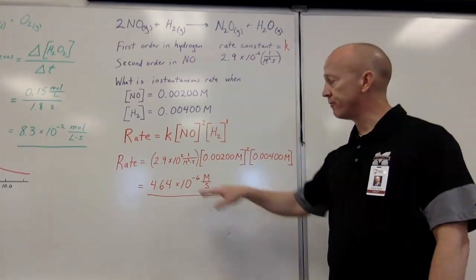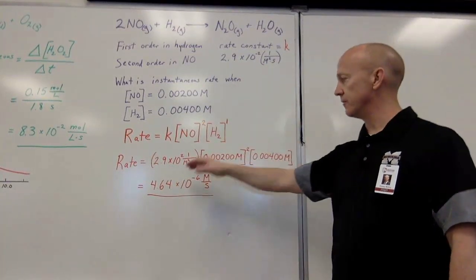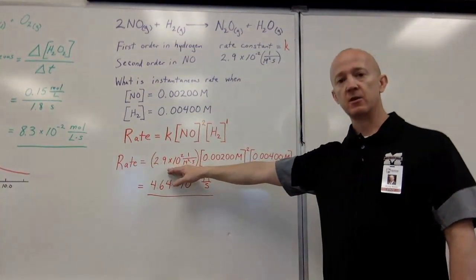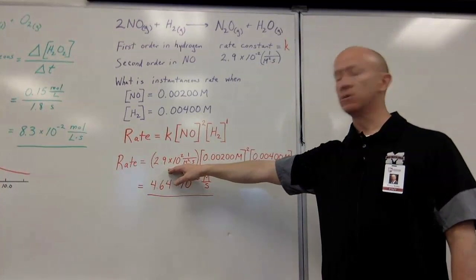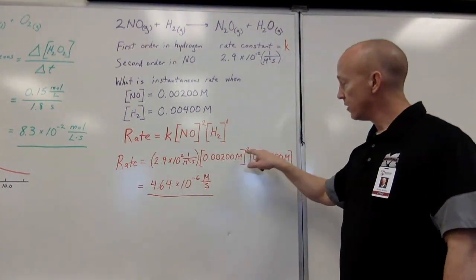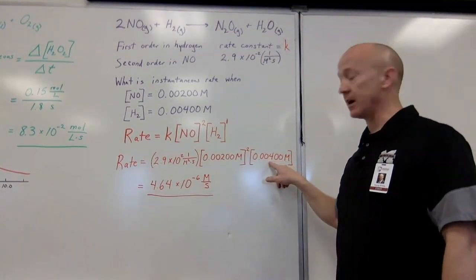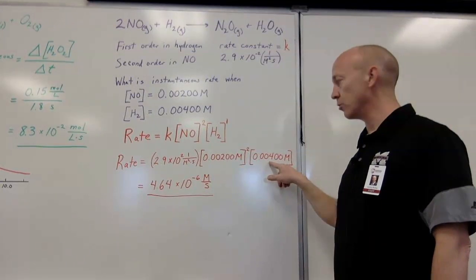Okay, so now I've filled in my numbers that were given to me in the problem. My rate constant of 2.9 times 10 to the second, 1 over molar squared seconds. My concentration of nitric oxide at 0.002 squared, multiplied by my concentration of hydrogen gas, 0.004 molar.